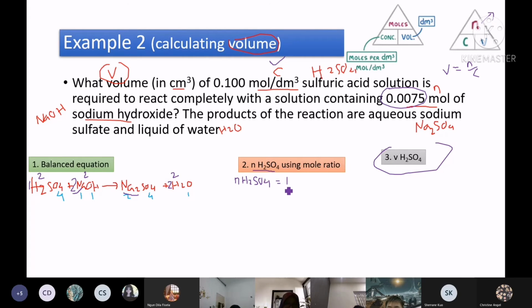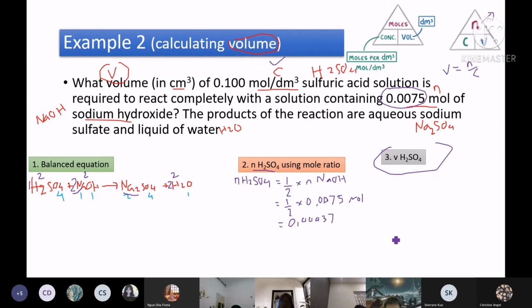So 1 over 2 times the mole of sodium hydroxide, NaOH. So 1 over 2 times 0.0075 mole. What is the mole of sulfuric acid? 0.00375.